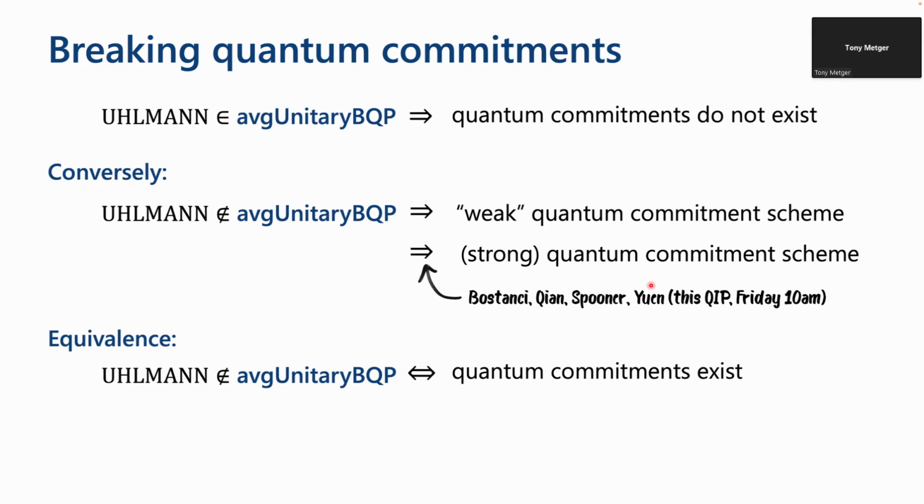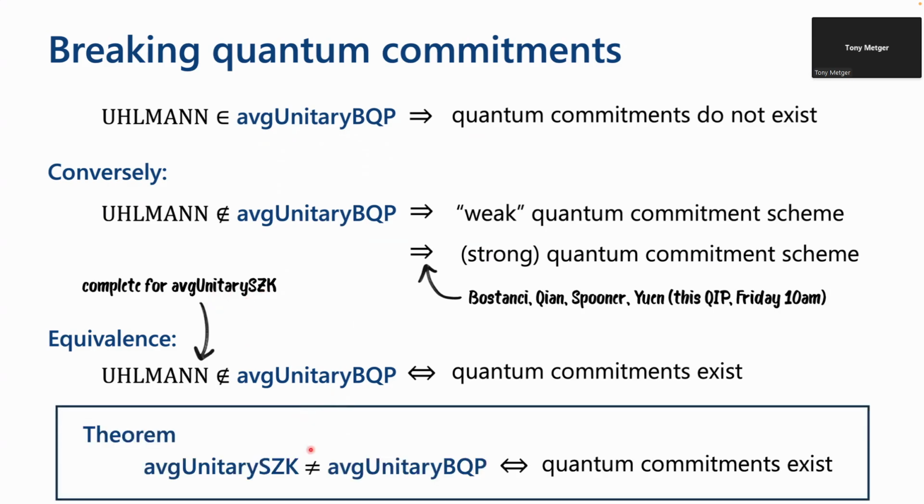This is now a two-way implication, not just a one-way function exists implies thing. And we also know that this is complete for average-case unitary SZK, right? So this tells us that the existence of quantum commitments is equivalent to this purely complexity theoretic statement that average-case unitary SZK is not equal to average-case unitary BQP. Okay, so this reestablishes a very tight connection between crypto and complexity.